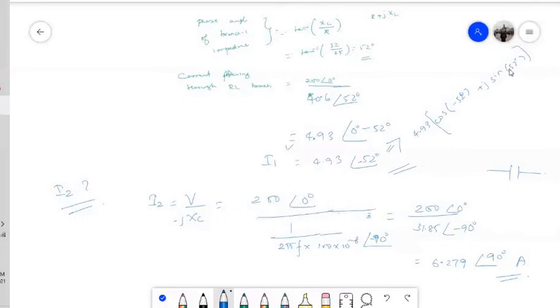This will be minus 52 degree, so cos minus, this will be 4.93 cos of minus theta will also be cos theta, minus j sin 52 degree. In the same way, you can also write I2 in the rectangular form, that is 6.279 cos plus j sin.